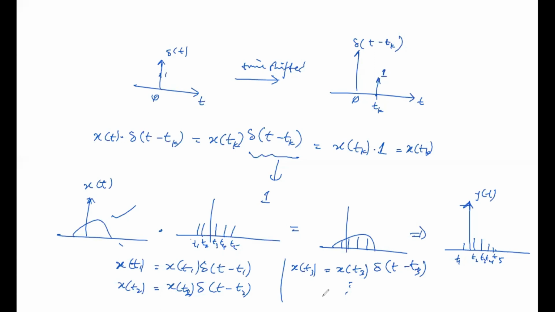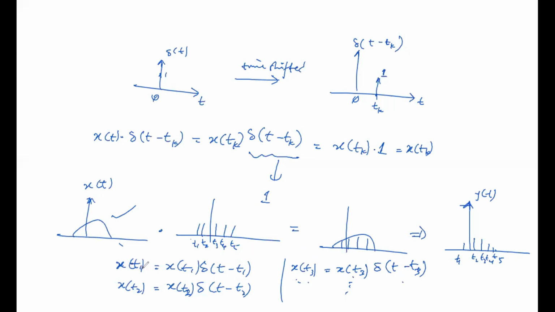Then the response of the LTI system to an arbitrary input signal is simply the sum of these scaled versions of the signals. You now see that S of t sub 3 is a scaled and time shifted version of the signal.